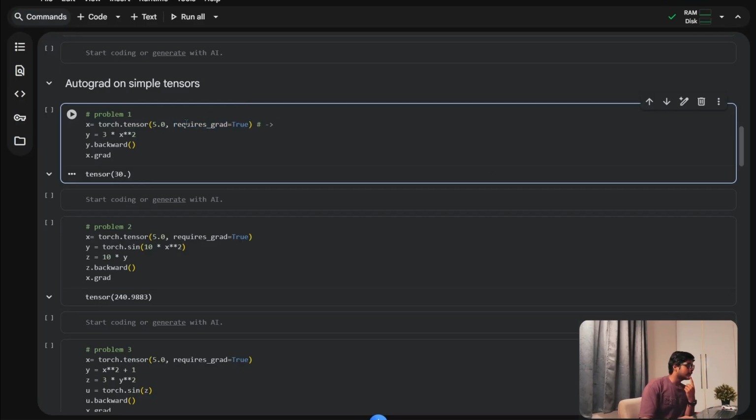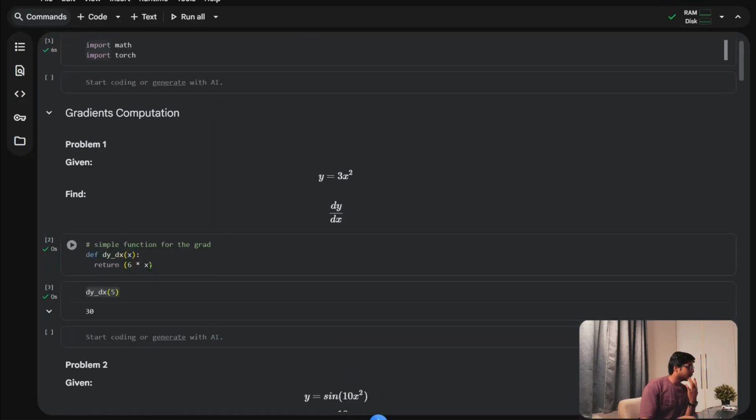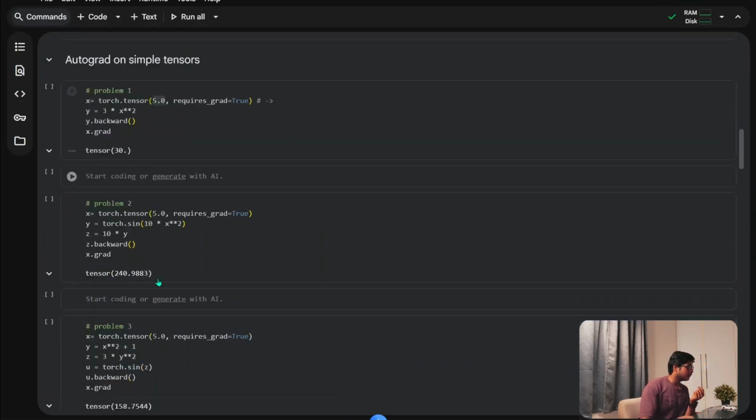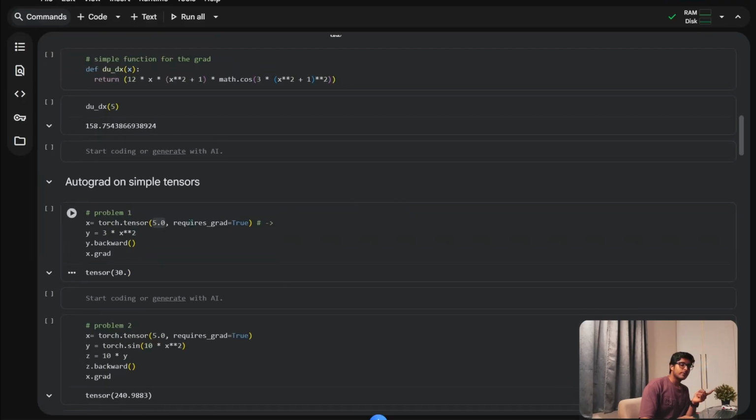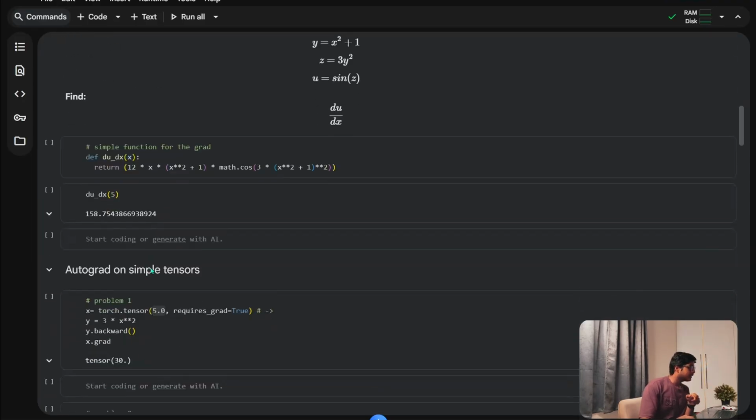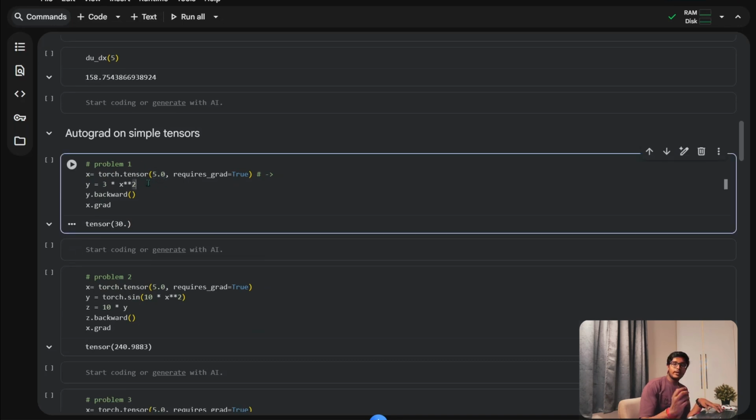So first you have to create this x tensor with this value or any value, but because I passed it 5 over here, I'm using 5, and you have to make requires_grad equal to true. Next, you simply write the equation which was y equals 3x square.